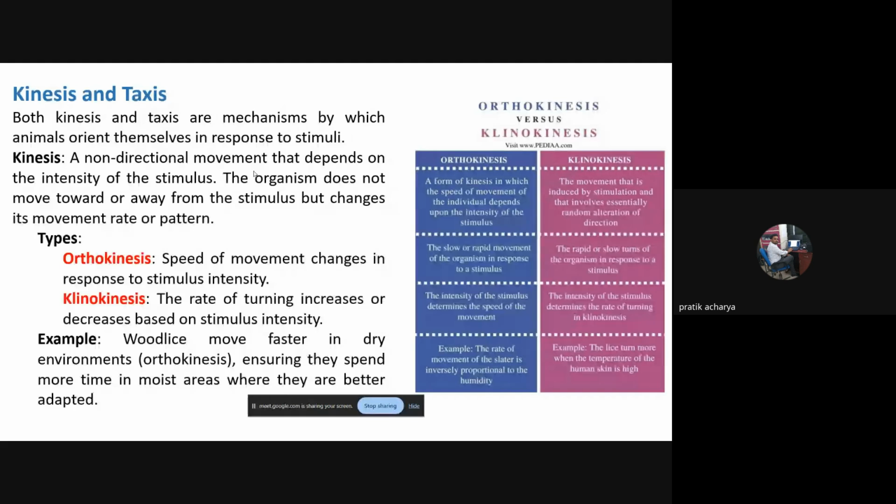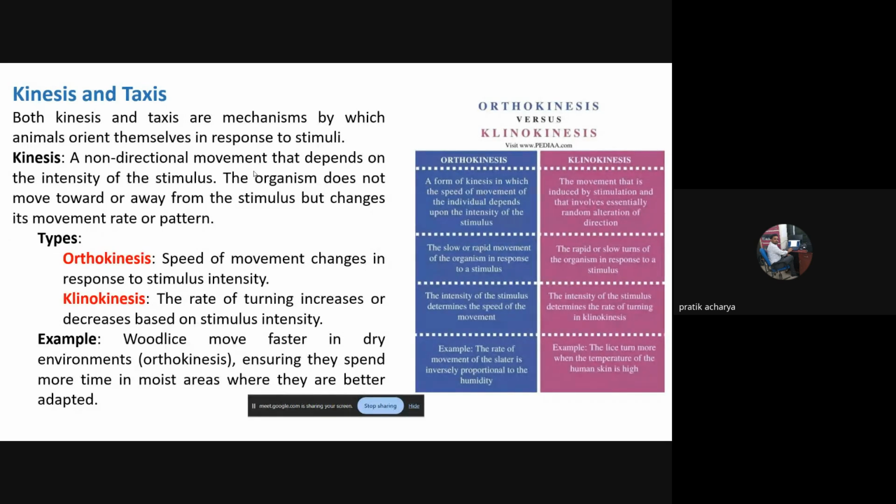And this kinesis is divided into two types. One is orthokinesis, another is clinokinesis. Orthokinesis is a form of kinesis in which the speed of movement of the individual depends upon the intensity of the stimulus. What intensity is there? That means if we are using certain temperature substances, the temperature intensity actually, or low intensity light.